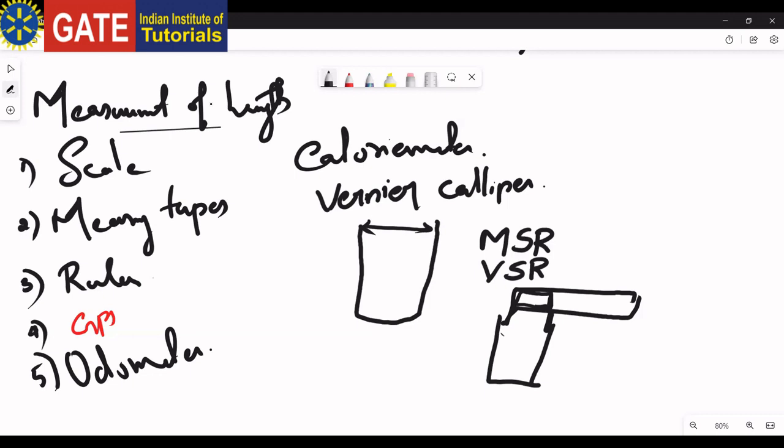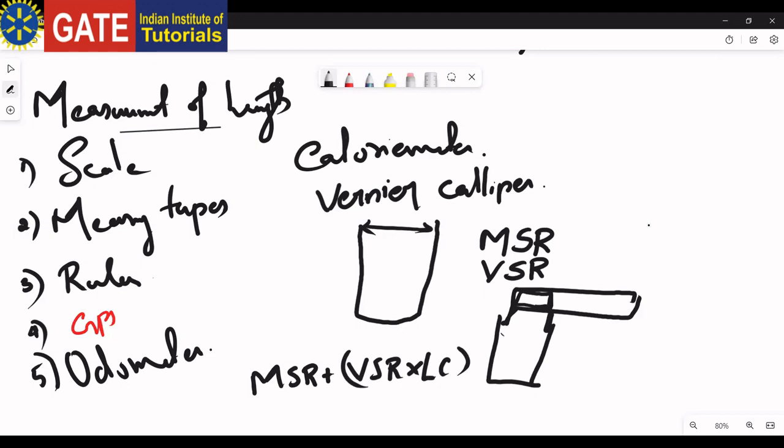And once you get the MSR and VSR, we have an equation to substitute. What is the equation? It is MSR plus VSR into LC. So what is this LC? LC is the least count. So what is the least count? Least count is the smallest distance that can be measured using a device.